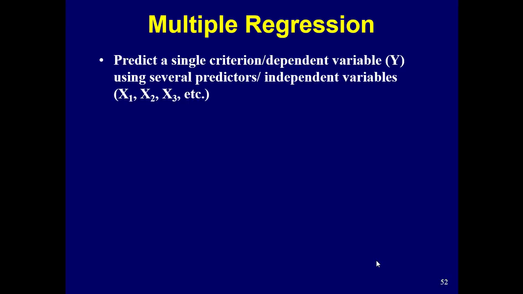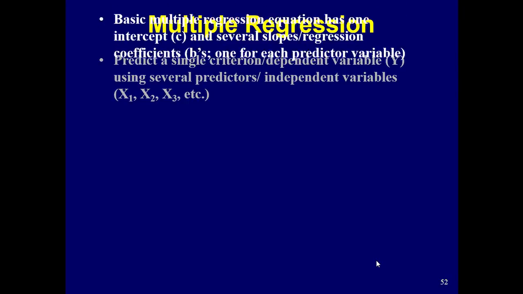Oftentimes you're asked to take a standardized test like the SAT because multiple predictors will explain more of the variance in college success. So multiple regression, multiple prediction is using several x's, several predictors in order to estimate a dependent or y variable.